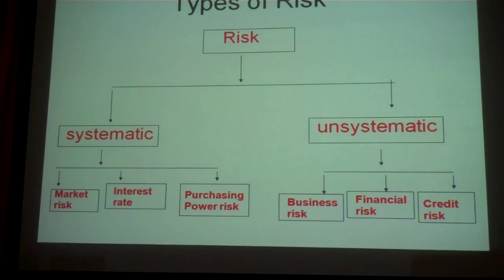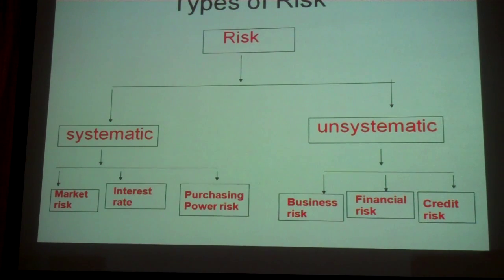If RBI cuts the rate by 1% or increases the rate by 1%, it affects all the companies. I cannot say I am investing in Infosys, it is not affected by interest rates in the market. It can't happen like that. Clear? So hence it is called what? Systematic risk. Purchasing power risk means what? Purchasing power risk is another name for what?